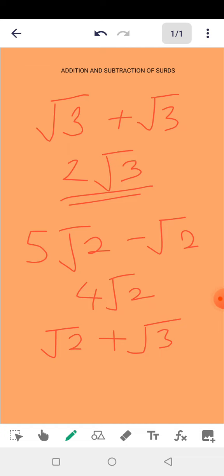But at times we might be given surds and we may have to do some simplification before the addition. For example, let's say we have square root of 20 plus square root of 32.